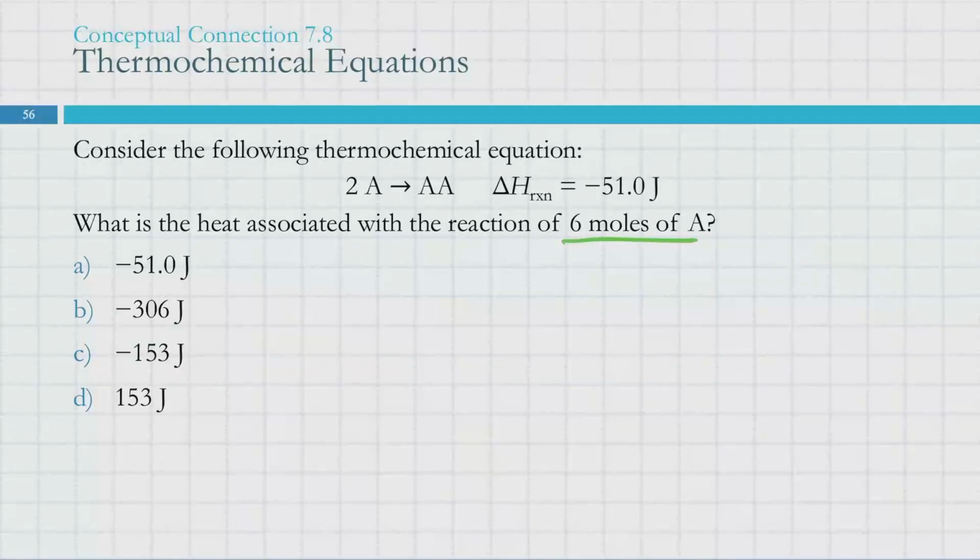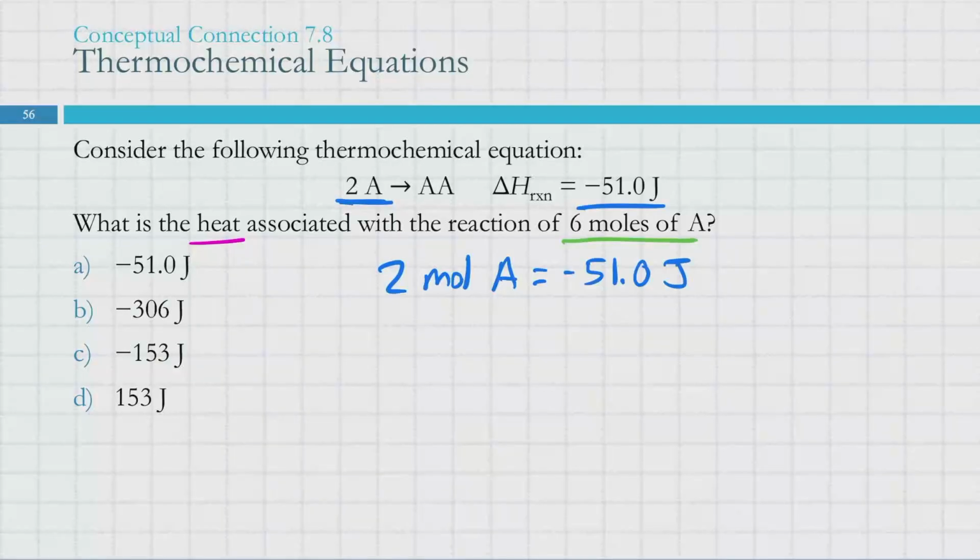Starting with our 6 moles of A, we're trying to find heat. So the two things we care about are the moles of A and the heat value. So 2 moles A corresponds to negative 51.0 joules, and that's going to be our conversion factor.